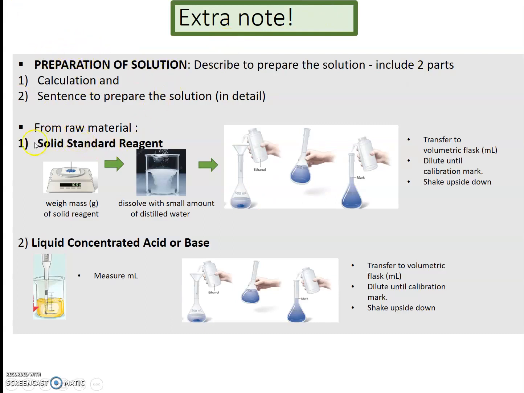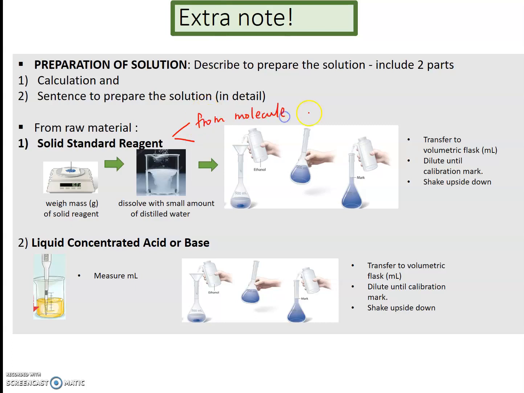So from raw material, solid standard reagent or liquid concentrated acid. Given the question from solid potassium chloride, so under solid reagent, it has two parts. First, directly from molecule.